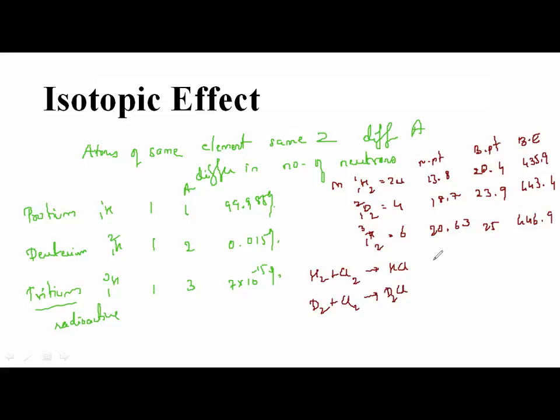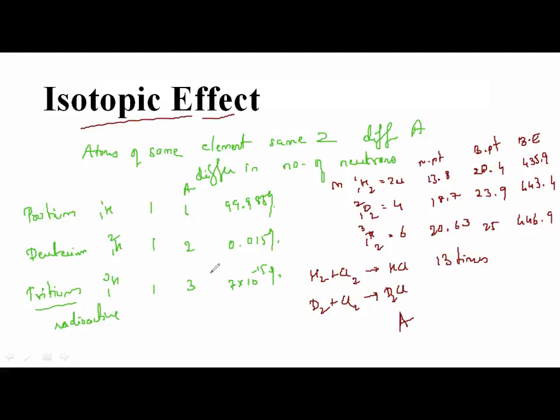The reaction between hydrogen and chlorine is 13 times faster than between deuterium and chlorine under same conditions. Such quantitative differences in chemical properties, which are due to the difference in the mass number of the isotopes, is known as isotopic effect.